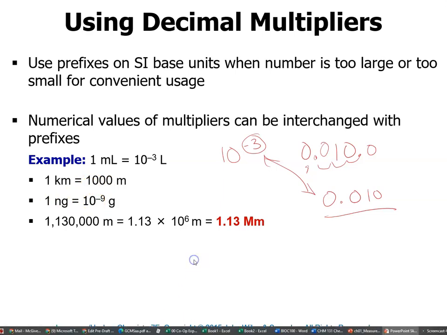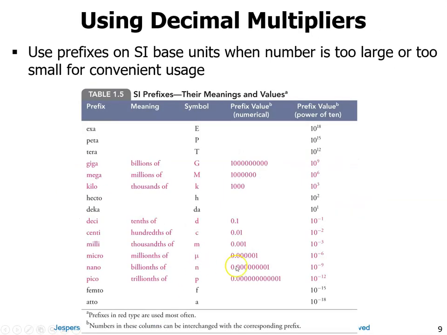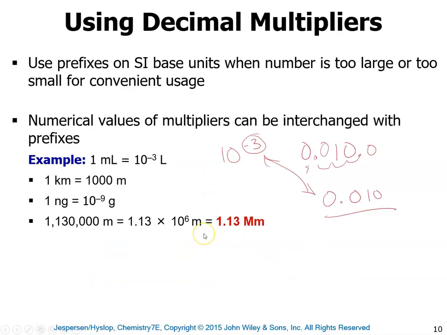If we go back to that last slide, where nanogram, right? So if we move this decimal place over 1, 2, 3, 4, 5, 6, 7, 8, 9, that's where it's 1 billionth of a gram, for example. So these are different ways that we can do that.